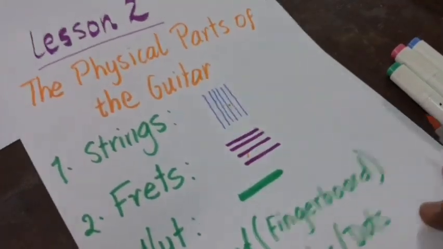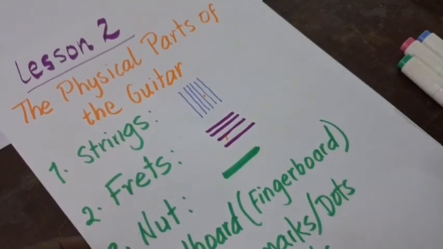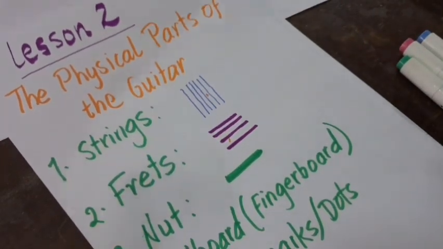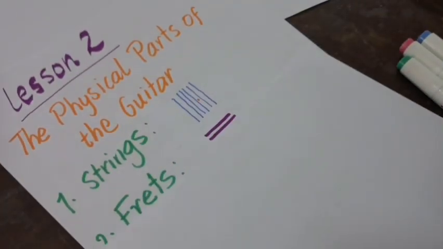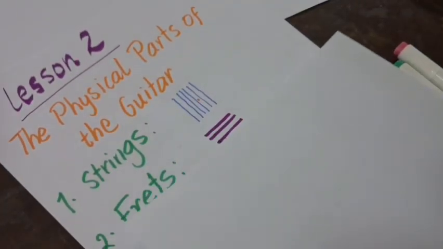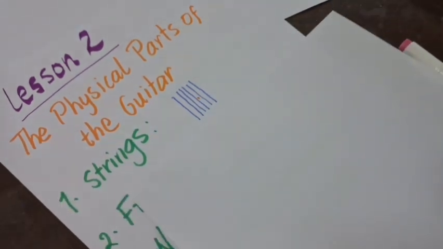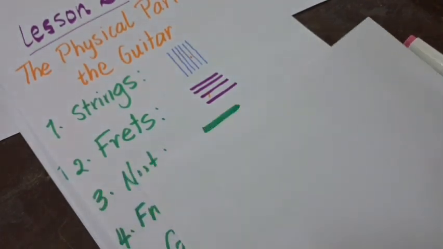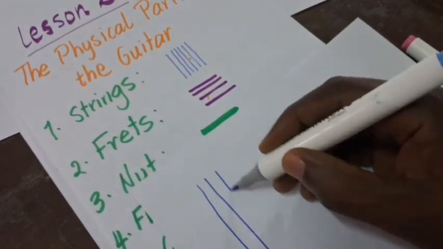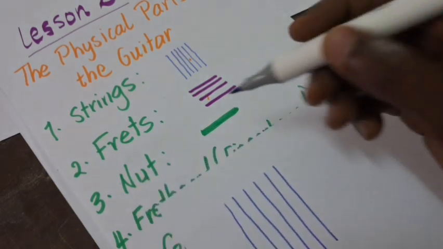Now we are going to go back to our lesson 2. This is where it will make sense now. Let's use a separate paper. Now we are going to use string. We'll take the string symbol and draw six.